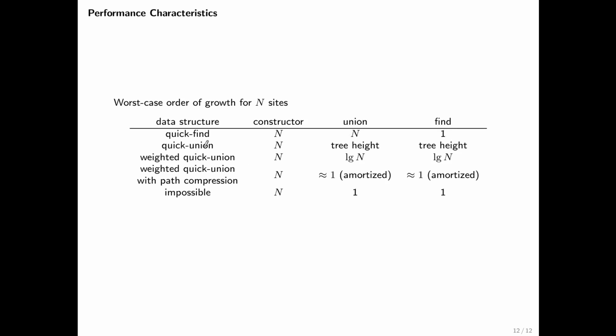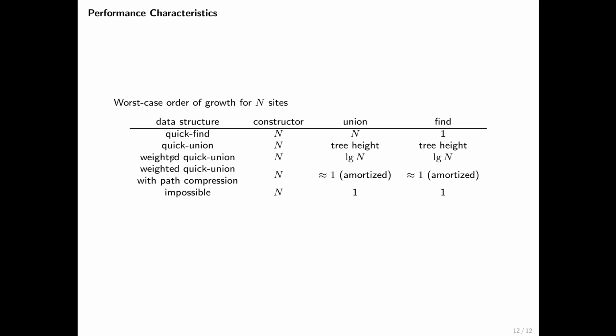In the quick union implementation, union cost is the tree height. And we say tree height because in the worst case, where the inputs arrive in a pathological order, you might be traversing a tree that has size n. All right? So union has tree height as the running time. Similarly, even the find operation has the tree height as the running time, which in the worst case might be n when the inputs arrive in a particular order.